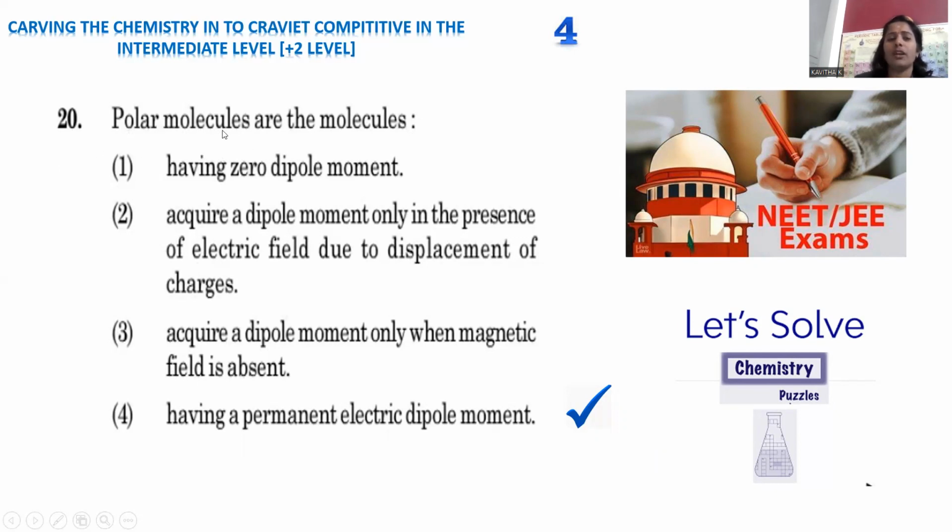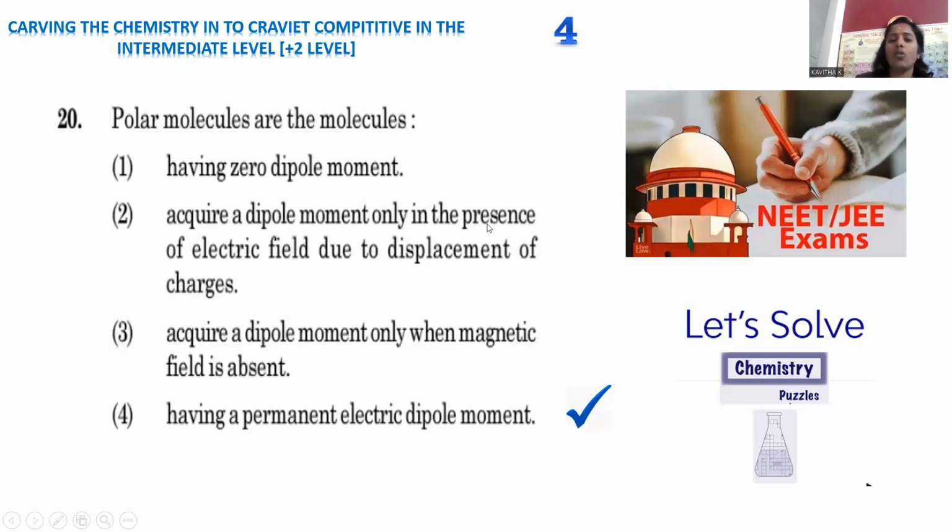If you are taking a polar molecule, what kind of condition should be satisfied? Having zero dipole moment? Zero dipole moment means there is no shifting of electrons toward one end. If the molecule is symmetrical and all the electrons are equally shared, then the dipole moment will be zero. That is called non-polar. So this is not the correct option.